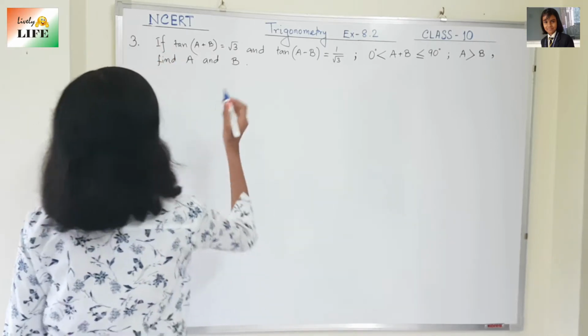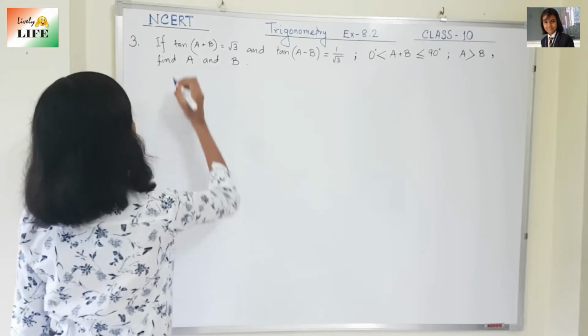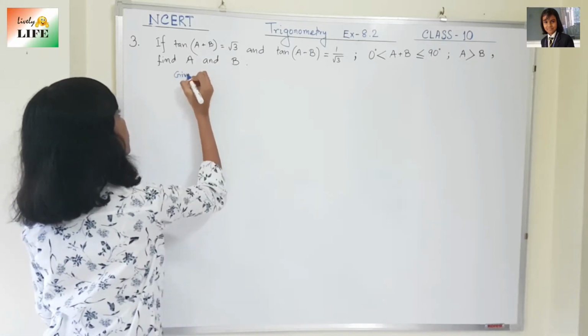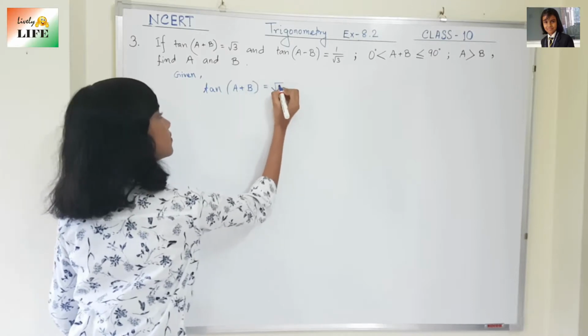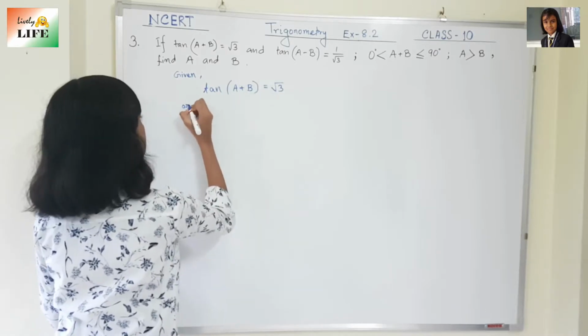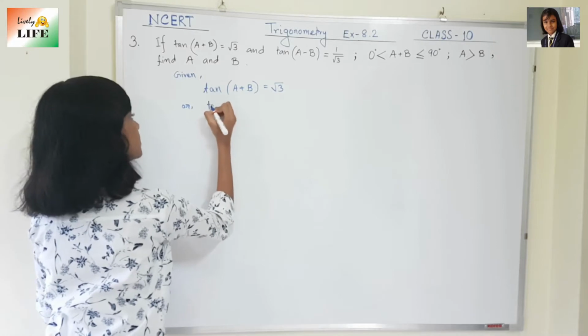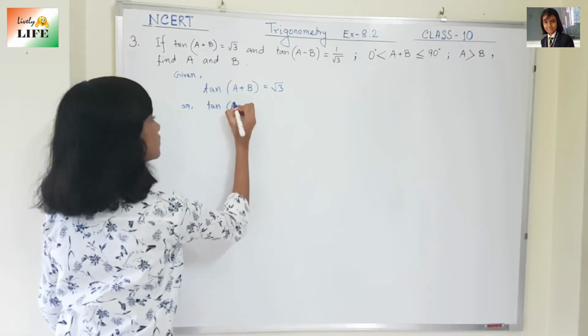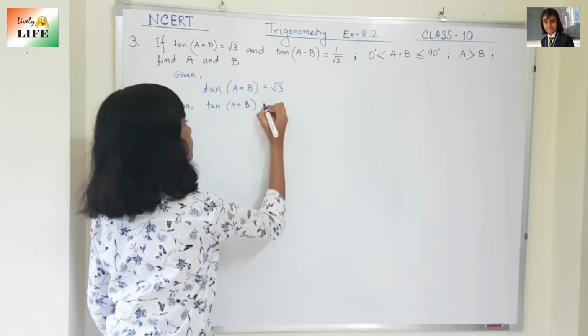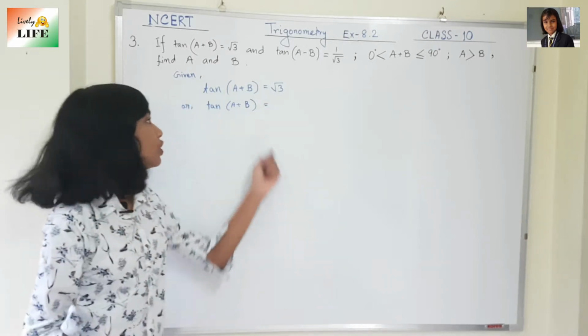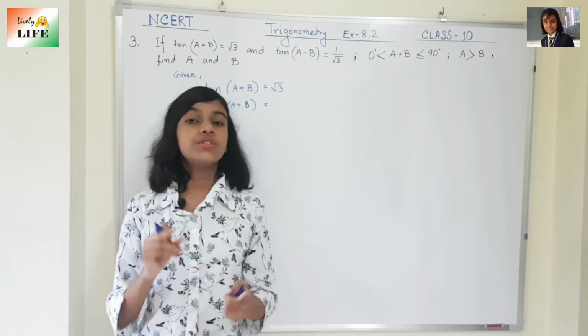Tan(a + b) is equal to root 3. Now root 3 is equal to what? Root 3 is the value of what?